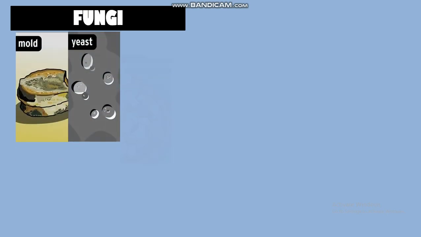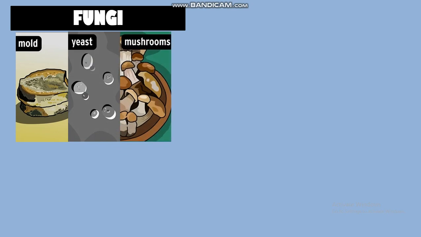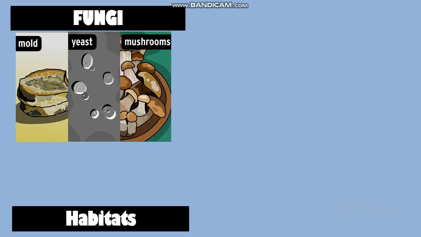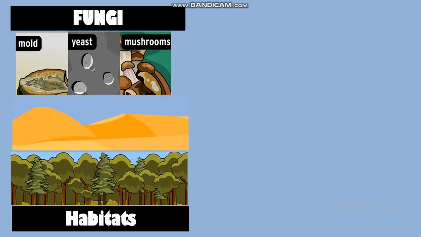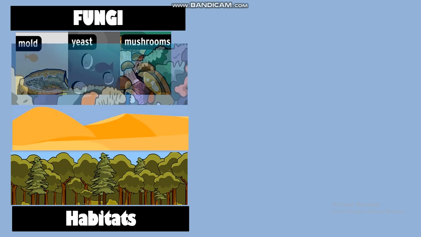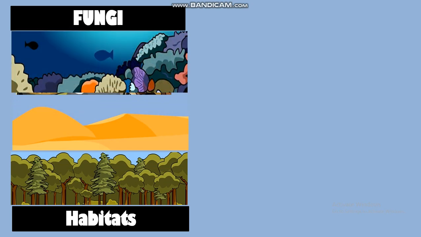Fungi are microscopic organisms that include molds, microscopic yeast, and mushrooms. They can be found in about every environment on Earth, ranging from forests to deserts, and are present even beneath the oceans.